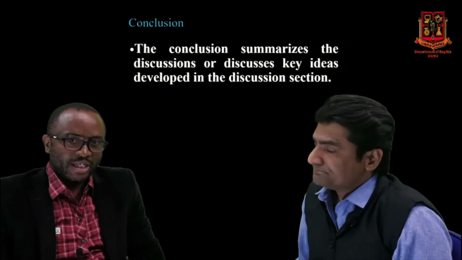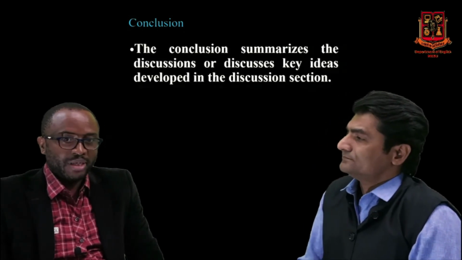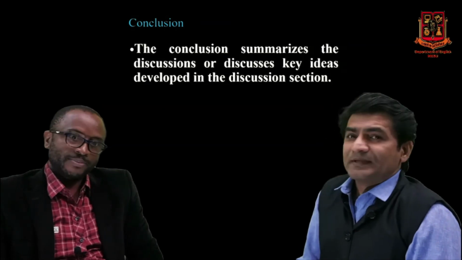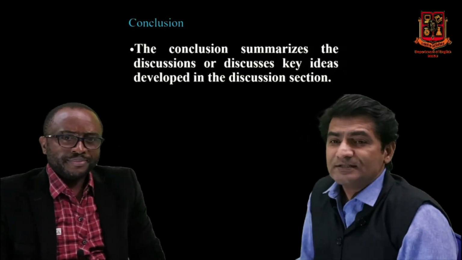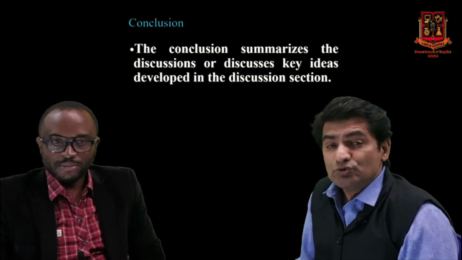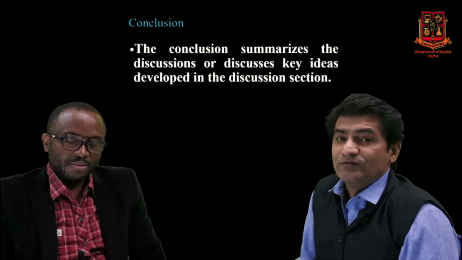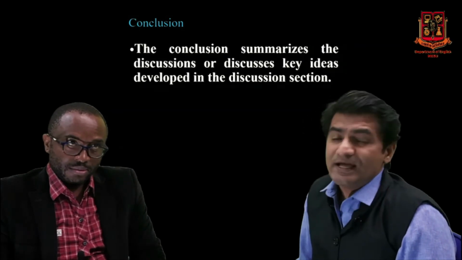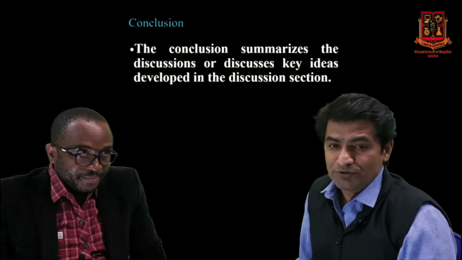Those are the key components of a research paper in literature or in other disciplines. Dear participants, in this module you will learn in detail how to frame a title, how to write an abstract, how to write an introduction, discussions and arguments, and the conclusion. All of these will be given in detail in this module.